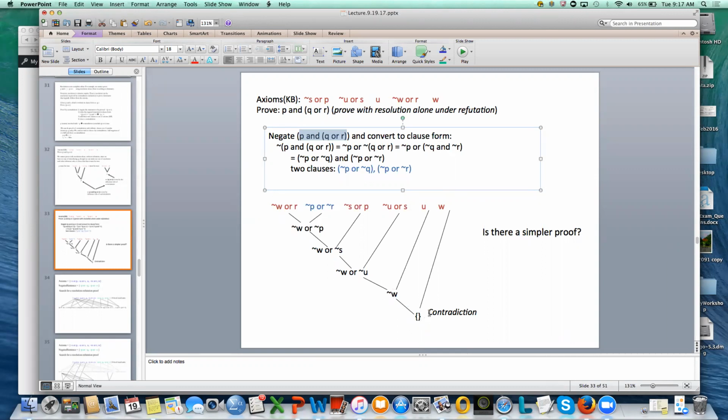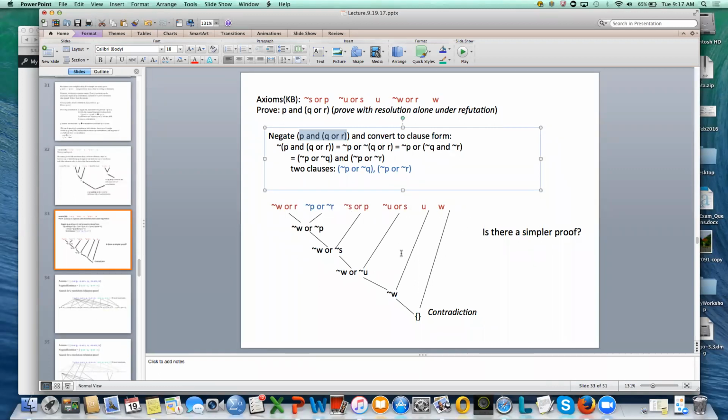You don't really have to take this final step, but it is conventional to take it once you find this contradiction. And you would just implement your theorem prover to look for the empty set as you resolve.